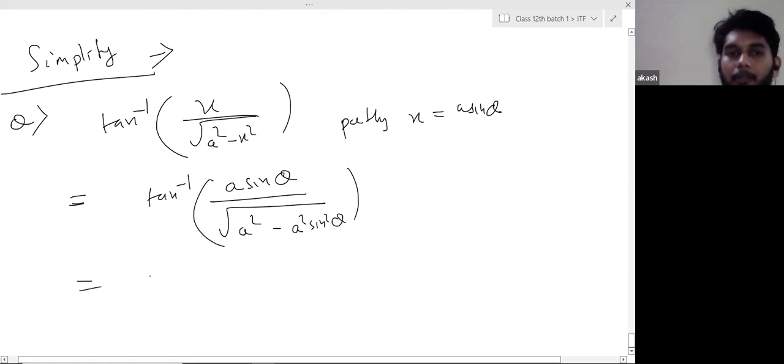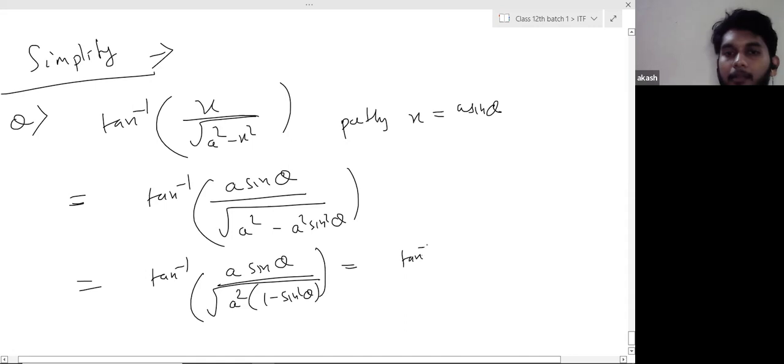So this is equal to tan inverse of a sin theta upon under root a square times 1 minus sin square theta, right? And 1 minus sin square theta is cos square theta, so a square cos square theta under root is a cos theta.